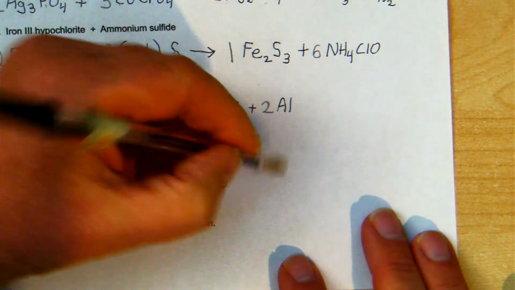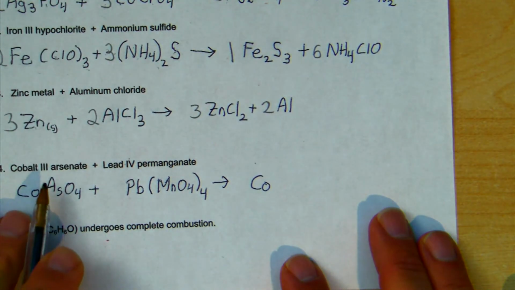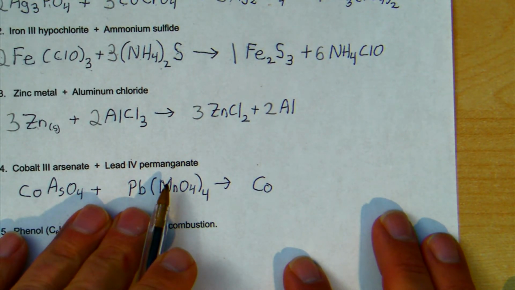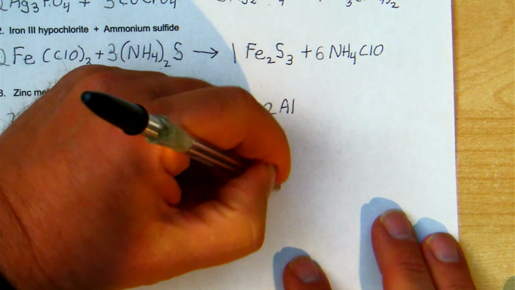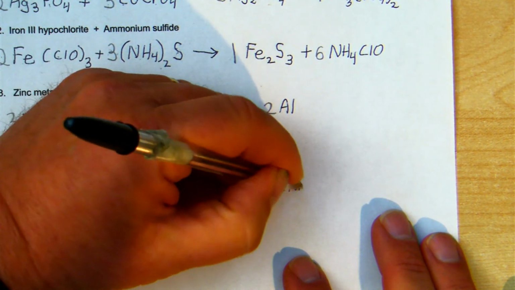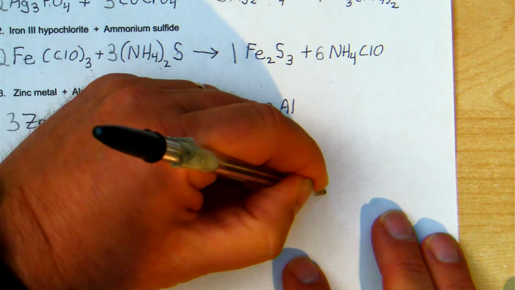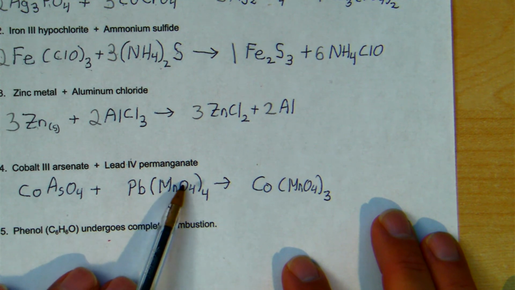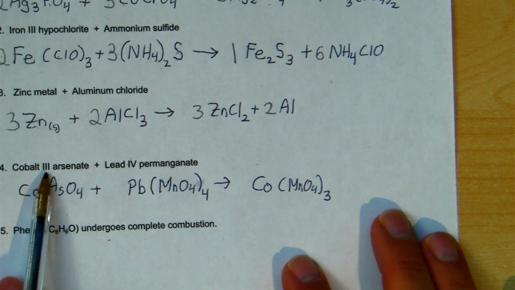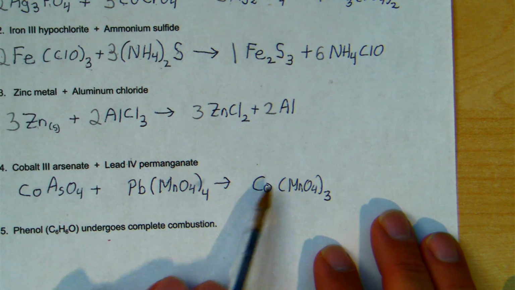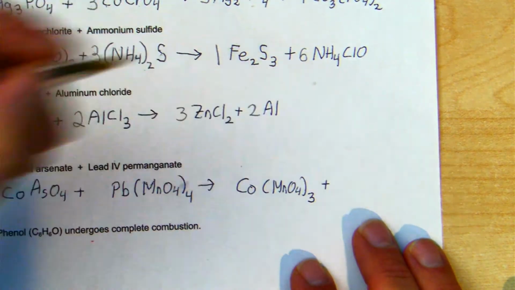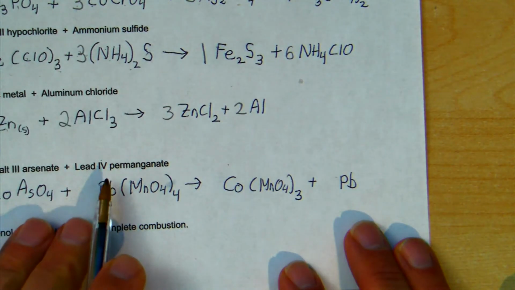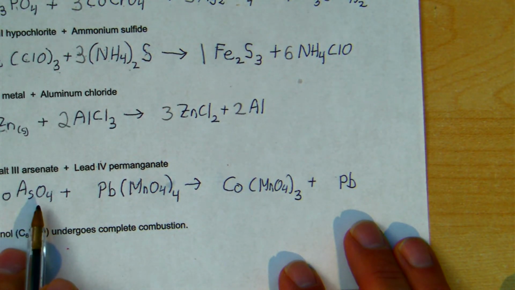So it's going to switch into cobalt still 3 permanganate. And so open parentheses, MnO4, close parentheses, subscript 3. Since permanganate is a 1- charge and the cobalt is a Roman numeral 3, I need 3 permanganates for each cobalt, plus lead, and it's still going to be lead Roman numeral 4, arsenate.